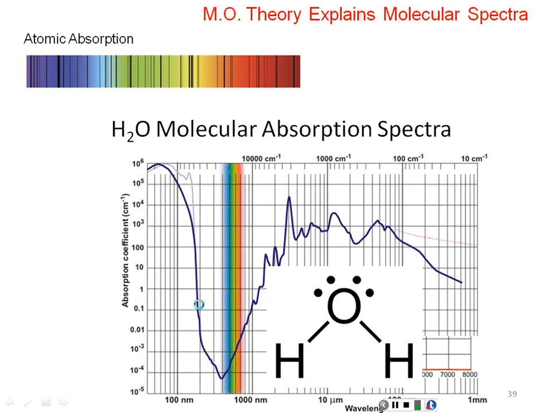Well, you can also have molecular absorption spectra, and this is the molecular absorption spectra for H2O. We're going to talk at the end of this lecture about just what causes the molecular absorption, and we're going to use molecular orbital theory to explain this.